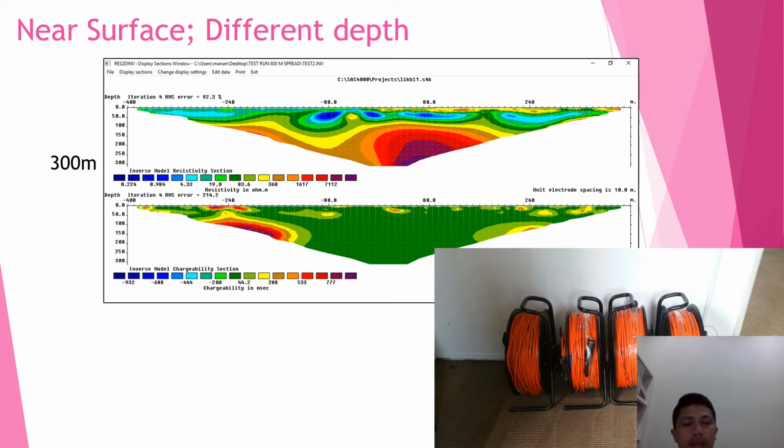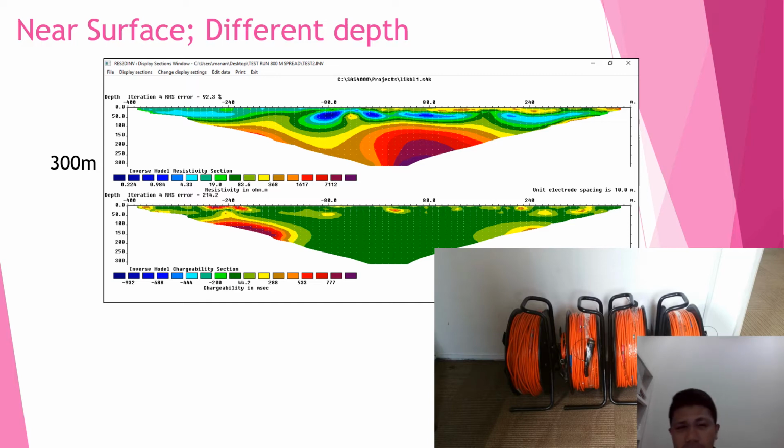Okay, and then maybe we also can have up to 300 meter depth based on the longest cable that is available in the market. Based on my experience, we have 800 meter. So using pole dipole array, you can get up to 300 meter here.